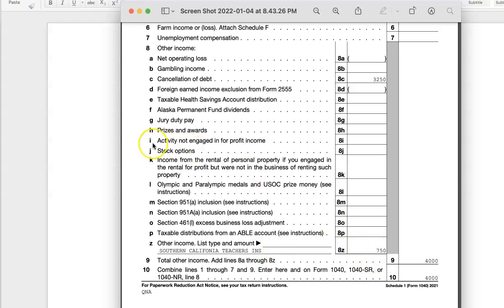Now you could argue it belongs in line I, activity not engaged in for profit income, but it doesn't matter. It'll end up in the right place. It'll flow from here, line 9, actually line 10, into the 1040, line 8.